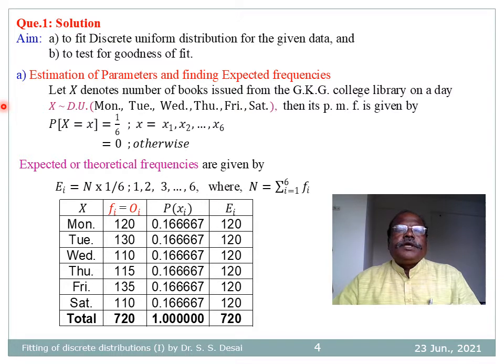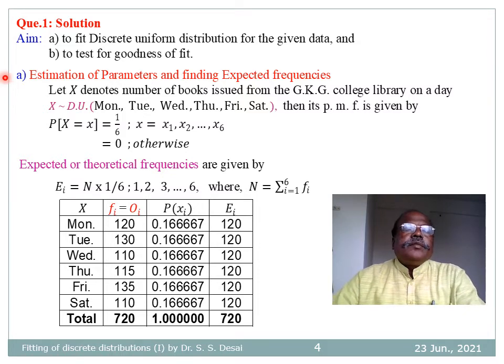In fitting of distribution problems, we verify whether the data given in the problem has been taken from the specified distribution. The solution of a practical problem should be in the following order: first of all, aim, then formulae, table, calculations, results, and conclusion.